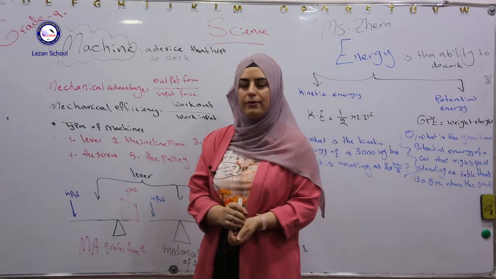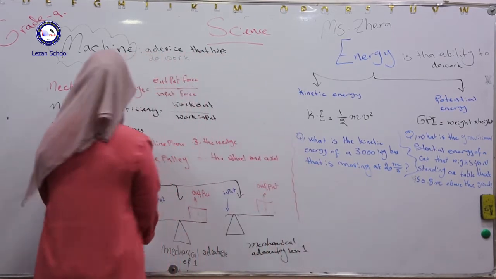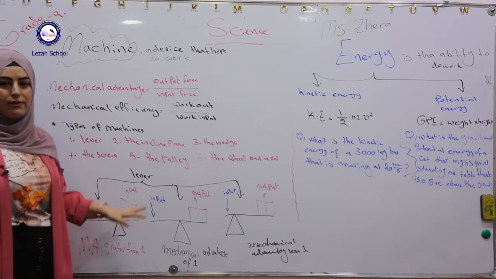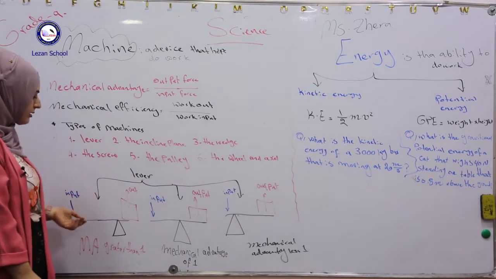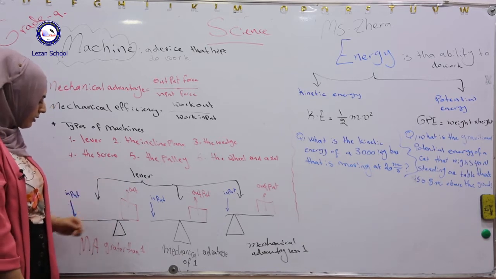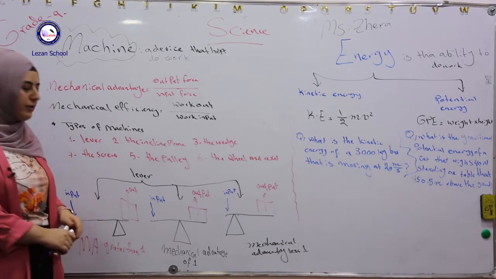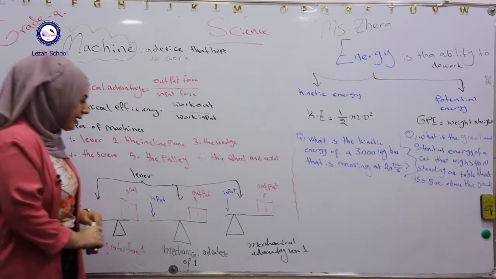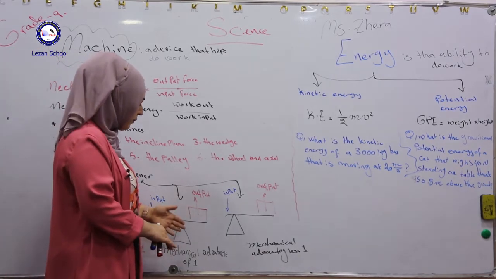position of the fulcrum between the input and output force. In the first class levers, we talk about the position of the fulcrum and how much the mechanical advantage is. The fulcrum is closer to the output force, closer to the load. So the mechanical advantage in the first class lever is greater than 1. In the second class of levers, the fulcrum is the balance between output force and input force.